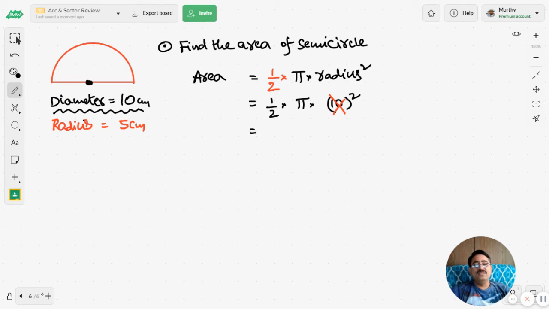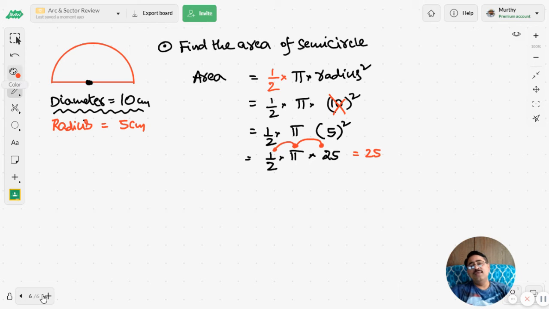So, this is half times pi times radius 5, so 5 square. You know 5 square is not 5 times 2, it is 5 times 5, that gives me 25. Let me multiply the number part: 1 times pi, 1 pi, times 25 gives 25.